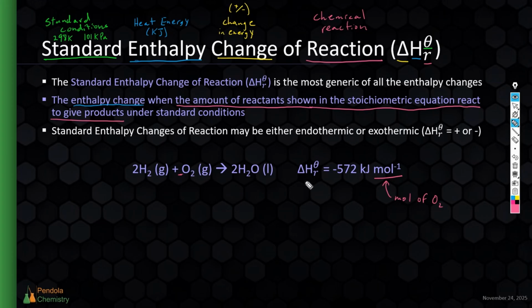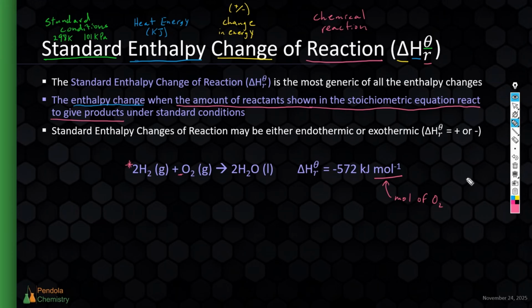So what this means, delta H R is equal to negative 572 kilojoules per mole, is that for every 2 moles of hydrogen and 1 mole of oxygen that react, 2 moles of water are created. This is the energy that's released. So when we read the definition, the amount of reactant shown in the stoichiometric equation reacts to give the products. That means whatever is shown in this equation, that's how much reacts to give that enthalpy change.